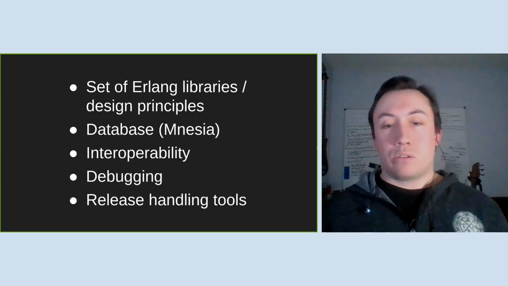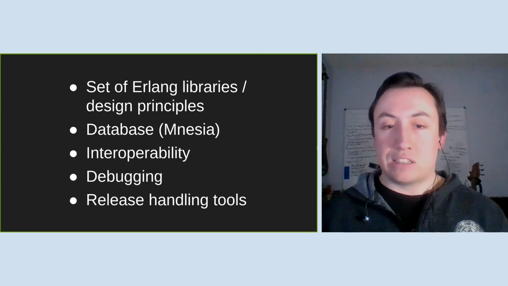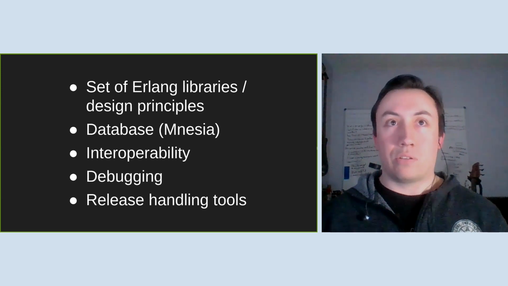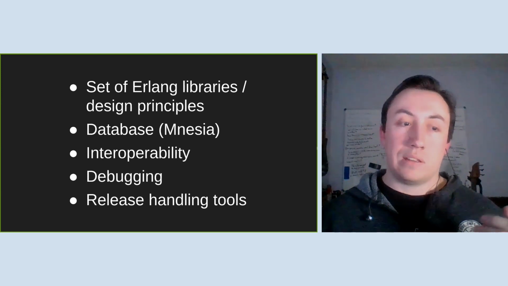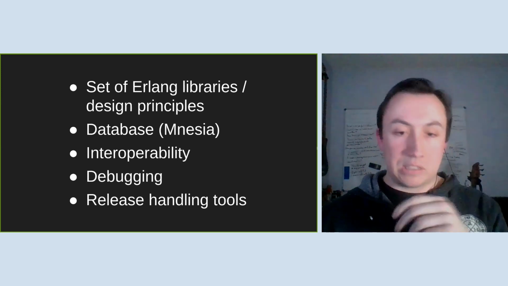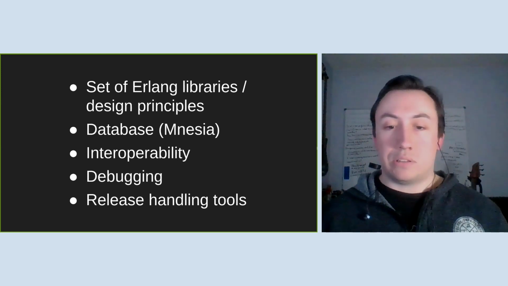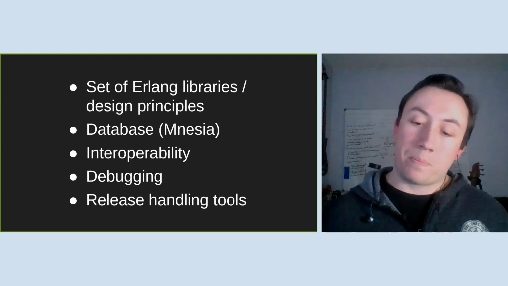You also have interoperability, which is linked to the NIFs. As I said, we'll talk about this later, but the idea is just to give you a framework to be able to use other languages and other functions from other languages. Then you have debugging tools and release handling tools, which I will also talk about a bit later.